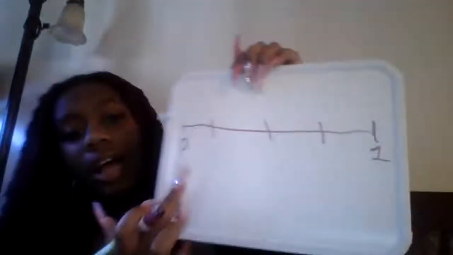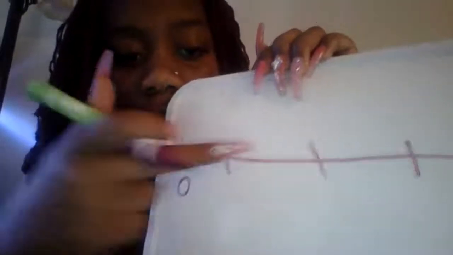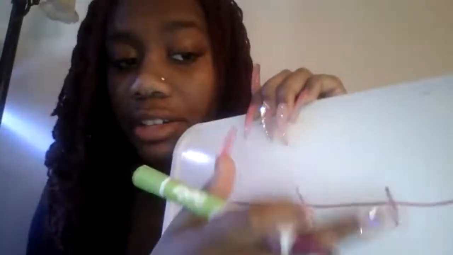From 0 to 1, we can break this up. We're going to use 4. So 1, 2, 3, and we've got 4 here. Now, however many of these you see, that's going to be your denominator.